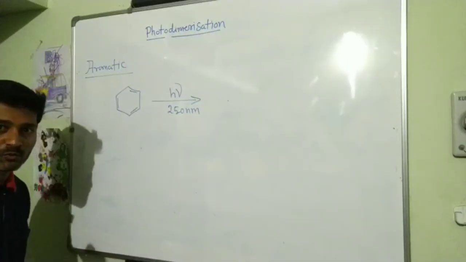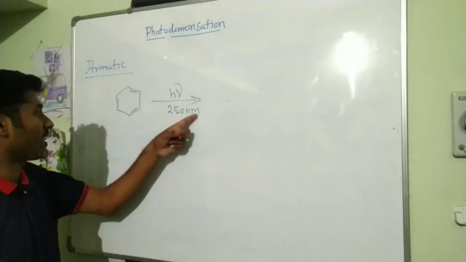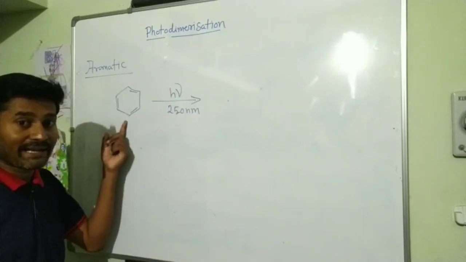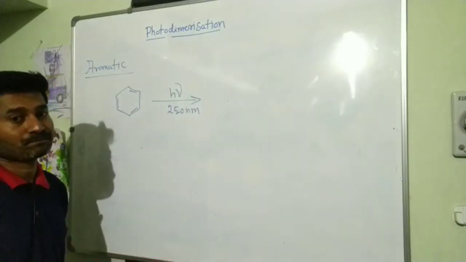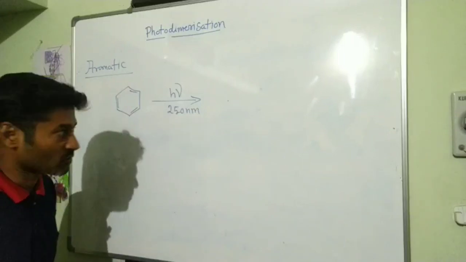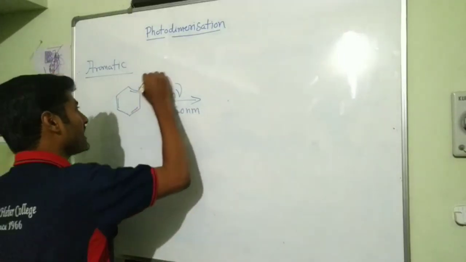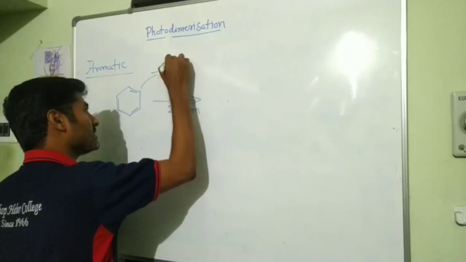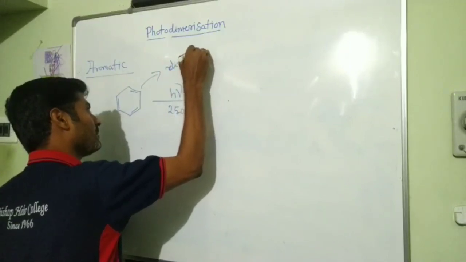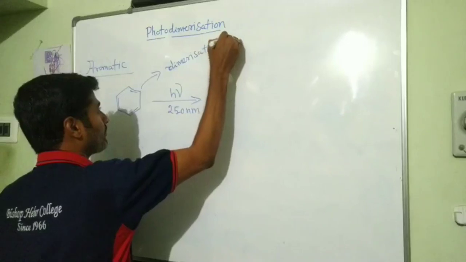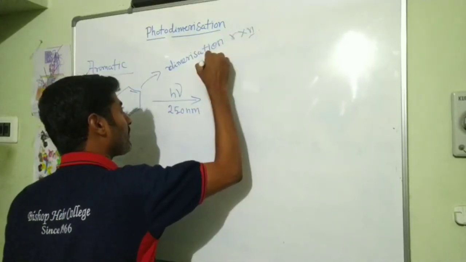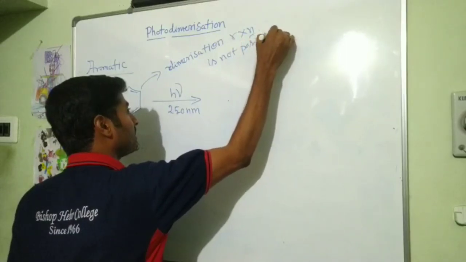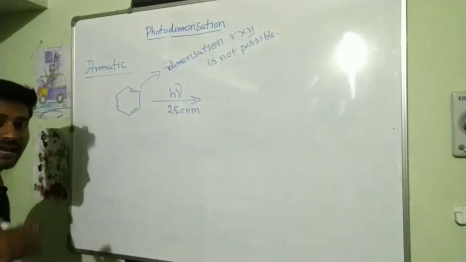If you are going to pass a light with a 250 nanometer wavelength, your benzene can form biradical, but it cannot undergo dimerization reaction. So photodimerization reaction is not possible for benzene. Reason is the formed biradical is highly unstable.